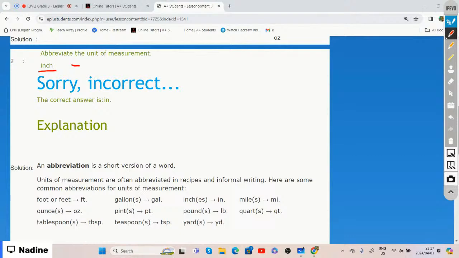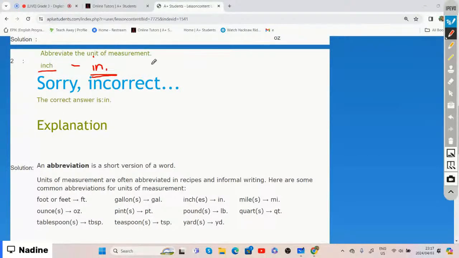All right, but remember what must come after that word. If we abbreviate, we need to also put the period, right? So that is correct, but we need to not forget the period at the end, because the period at the end will give us an indication that it is abbreviated. It is now the shortened version of that word, right?